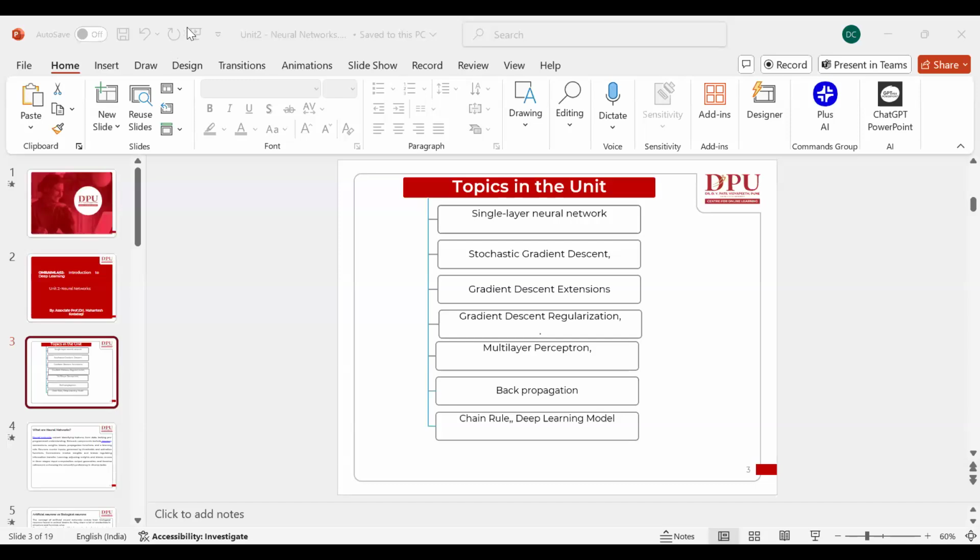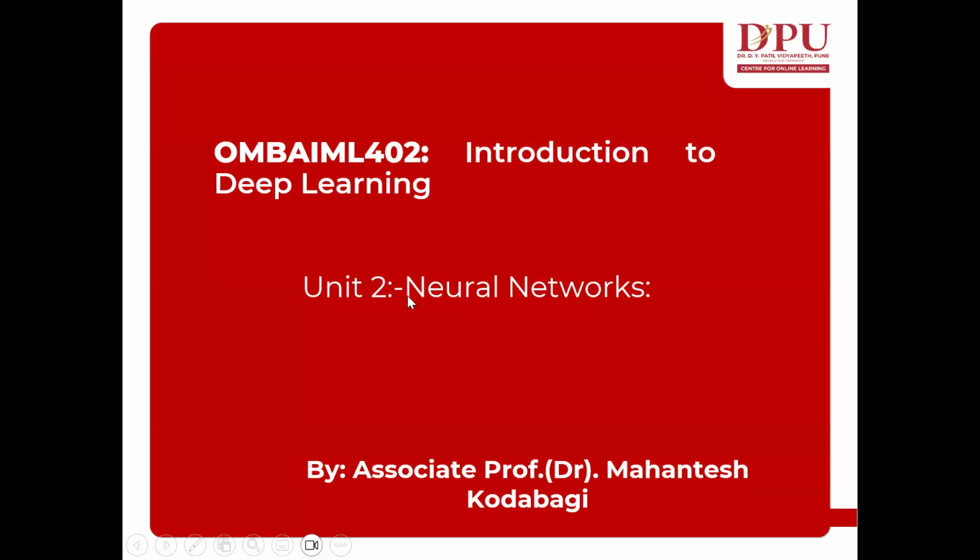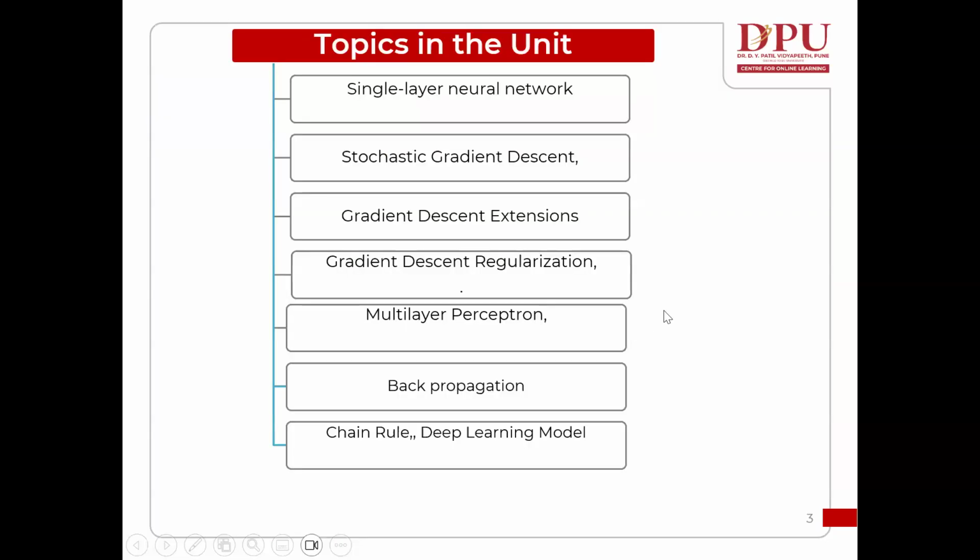So the next unit is unit number 2. I hope my screen is visible. According to unit number 2, neural networks, it says about single layer neural network. Then there are some topics called gradient descent or gradient descent extension, which seem to be a little bit technical terms from the deep learning point of view.